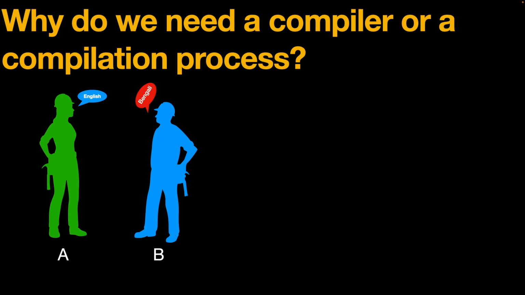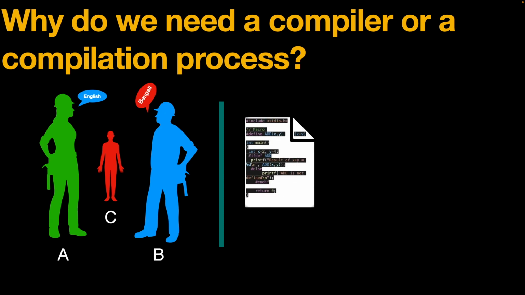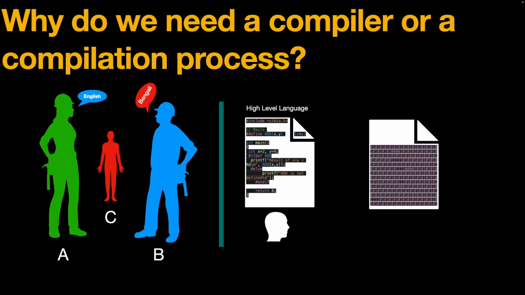So both of them need a translator who can translate their words to communicate. Similarly, a high-level language, that is the source code that humans can understand, whereas a machine can understand only the low-level language. So a compiler is needed.